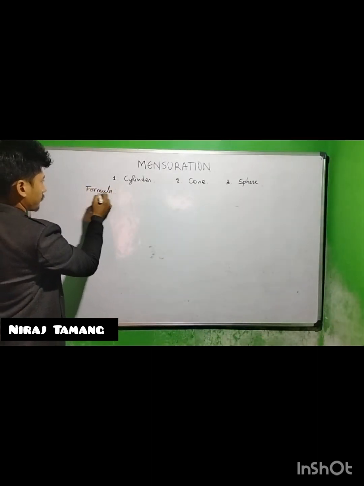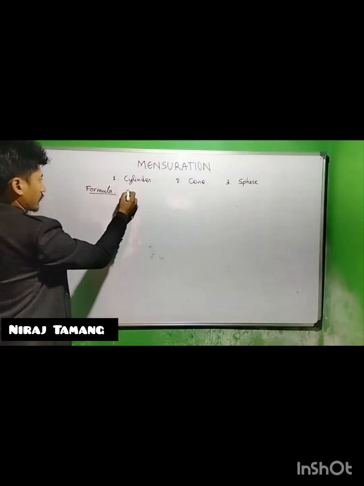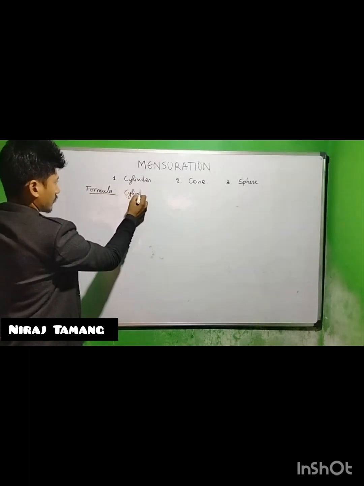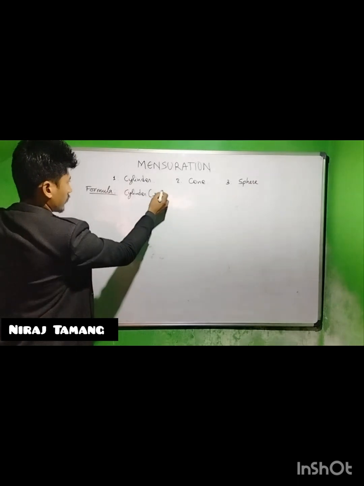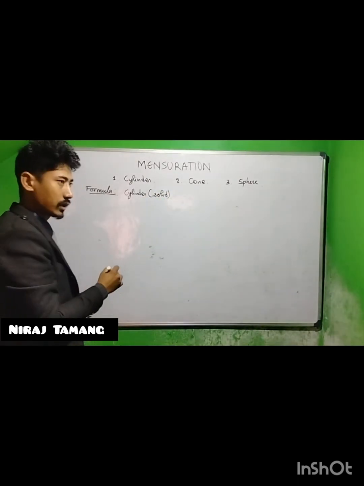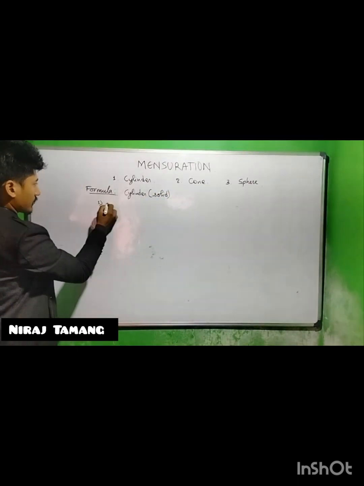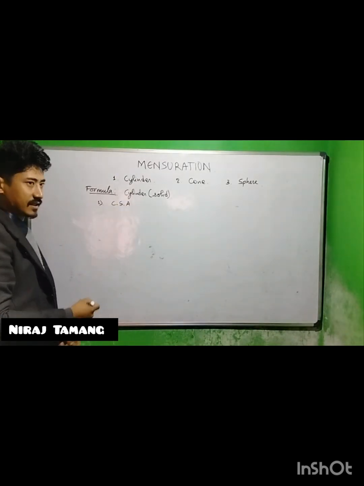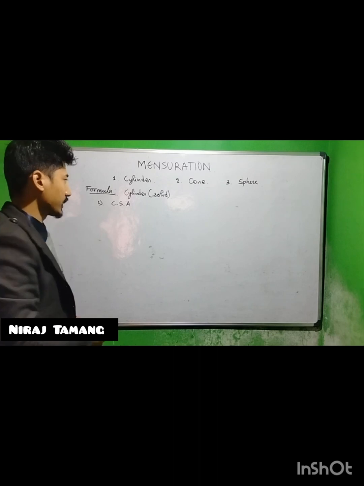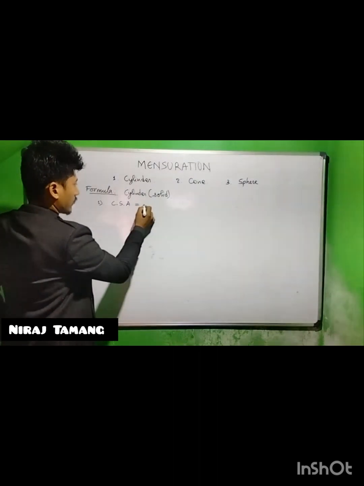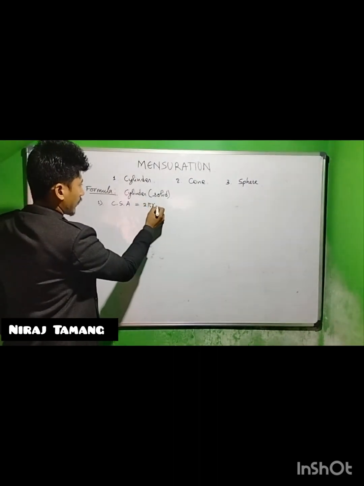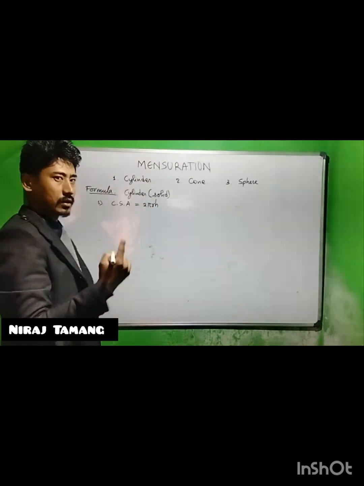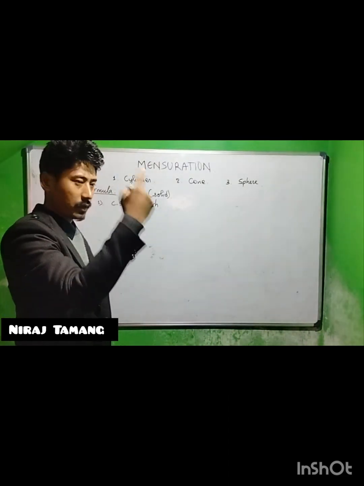Alright, so let's start with the formulae of all these three objects. First of all, I'll start with the cylinder, and we should write solid cylinder. First formula is curved surface area. I'm writing CSA, that means curved surface area, whose formula is 2 pi r h, that is circumference of the base into height.